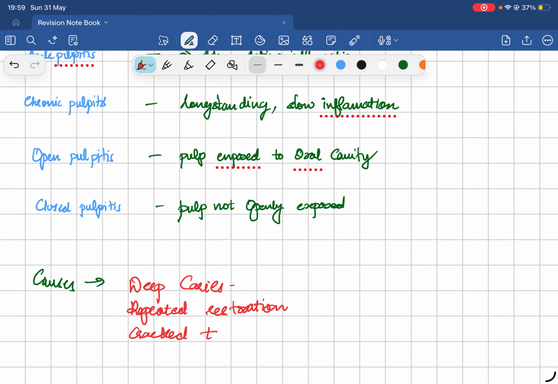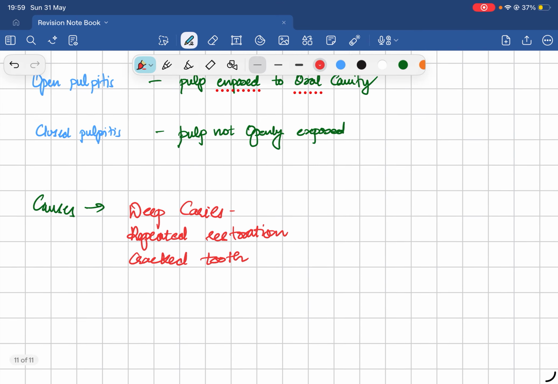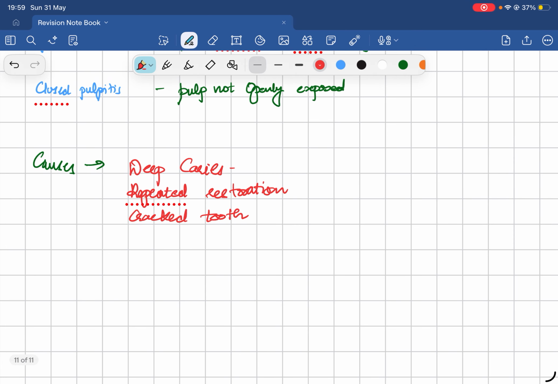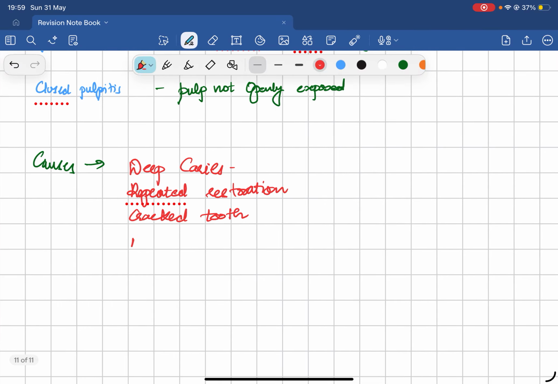Patients who have a cracked tooth, depending upon what kind of fracture it is, will show a crack in the teeth. And microleakage, that means poor restoration seal allows bacteria and toxins, that is for the filling. Microleakage will be found.